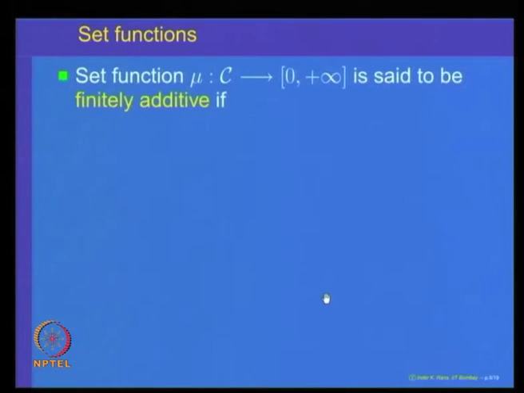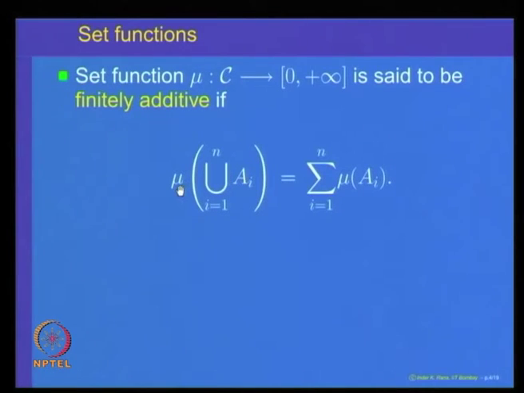Next, we look at what is called the finite additivity property of a set function mu. A set function mu is said to be finitely additive, and I am emphasizing the point finitely, if it has the following property: given any finite collection of sets A 1, A 2, up to A n in C, we want mu of the union of the sets A i, i equal to 1 to n, to equal the sum of mu of A i.